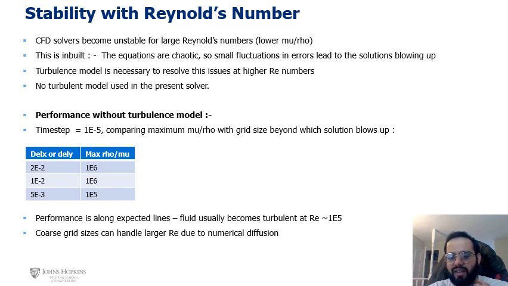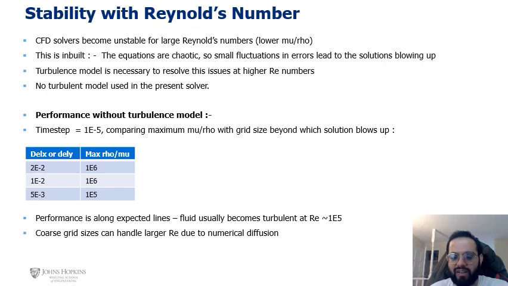The equations are chaotic, which means that there is a particular parameter, and if that parameter increases above a specific value, the equations blow up. And that is what happens in all CFD simulations. The parameter in this case is the Reynolds number. So for a large value of Reynolds number, the equations become unstable.